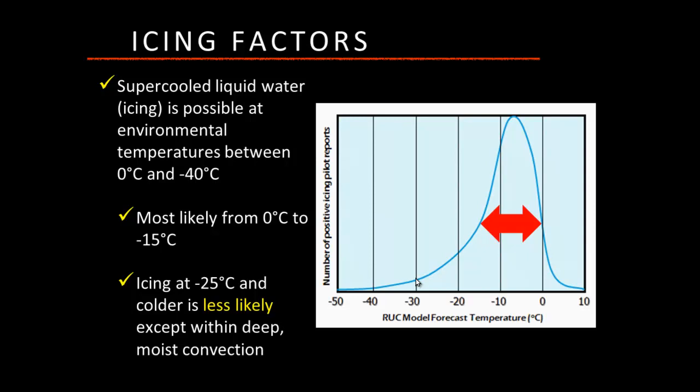So anytime you're in any kind of deep moist convection, such as thunderstorms, hopefully you're not there because of the turbulence, it's not unusual to find supercooled liquid water down to temperatures as cold as minus 30. In fact, one of the coldest ever recorded by an instrumented aircraft was from Environment Canada, which recorded a minus 37.5 degrees Celsius, and that was actually in some deep moist convection.